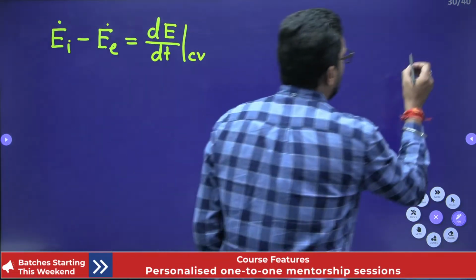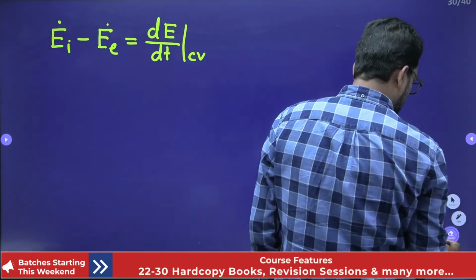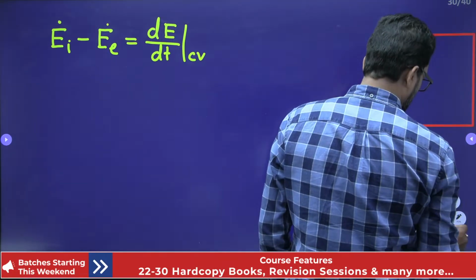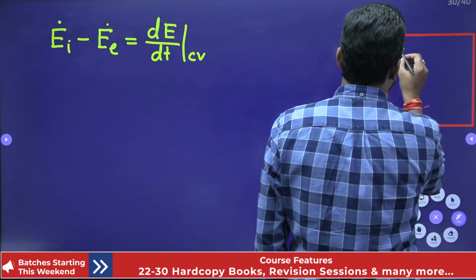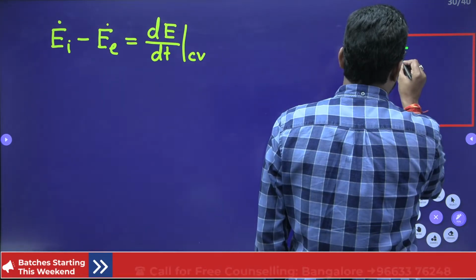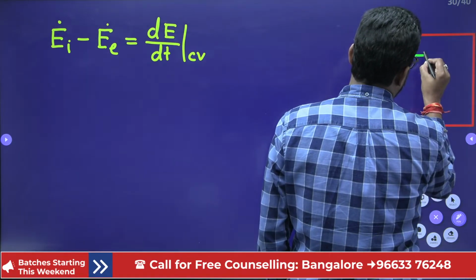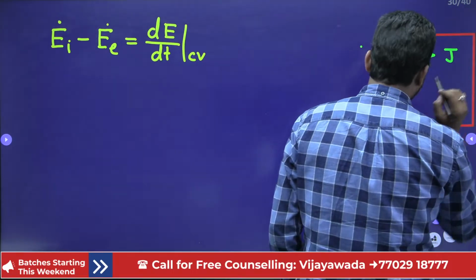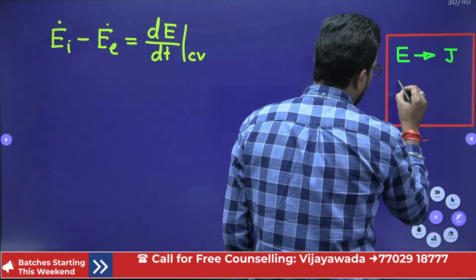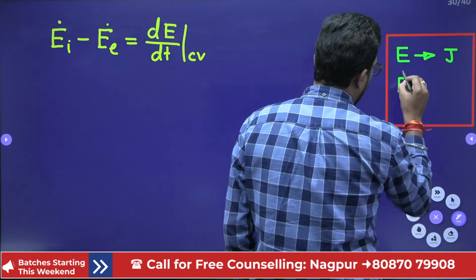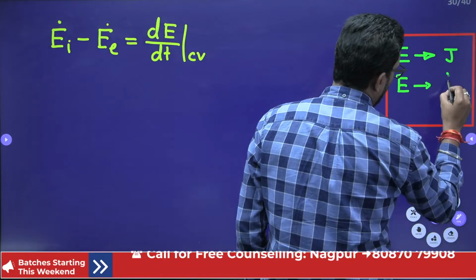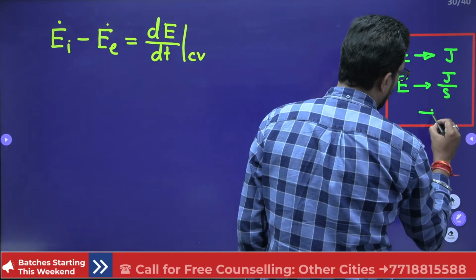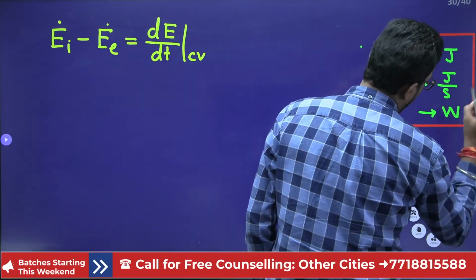See, this E is the energy, and this is in joule or kilojoule. This E dot is joule per second, and this is called watt, power.